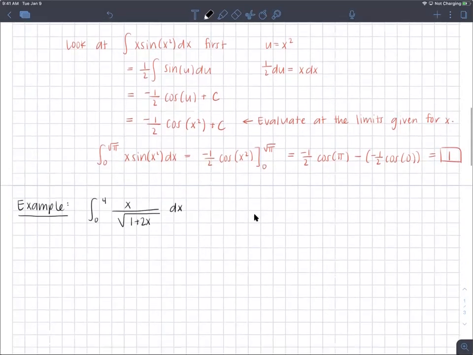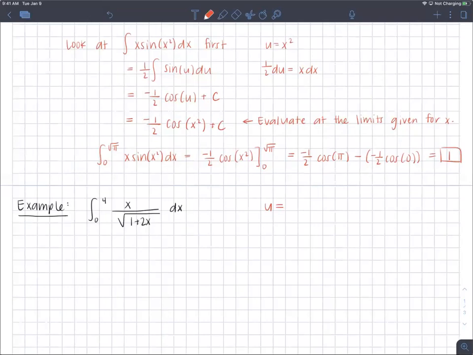But so if we look at this example, what is the inside function that you're going to pick here? So this one's a little bit trickier than the other ones we've done so far, right? But so what do you guys think u is going to equal? It's actually just going to equal 1 plus 2x without the square root.